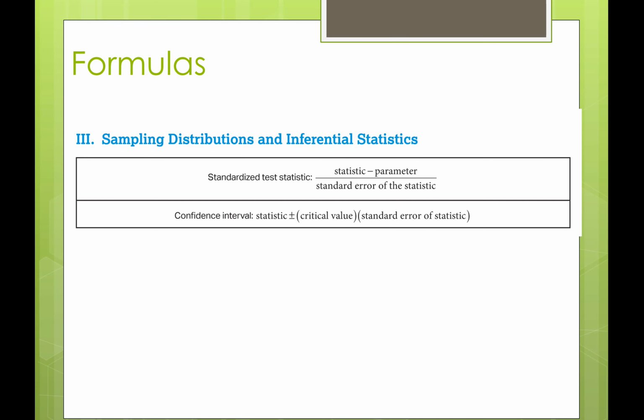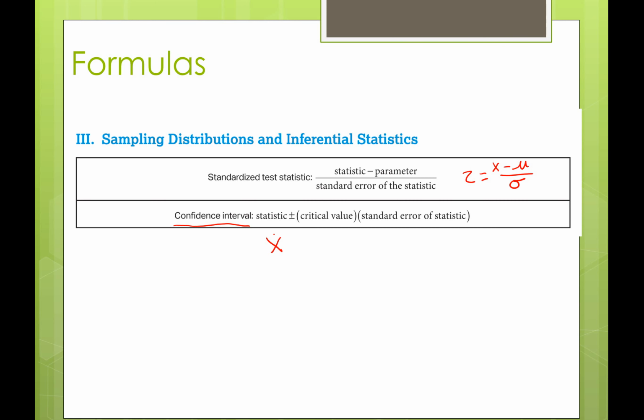All right, so let's talk about the formulas. They are on your formula sheet. This top one, the standardized test statistic, is what you use when you're doing your Z, where you have your x minus mu over sigma. So that's not for this section, it's just right above the confidence interval statistic. So here's the confidence interval. You probably won't actually use this on your formula sheet because you'll know these off the top of your head.